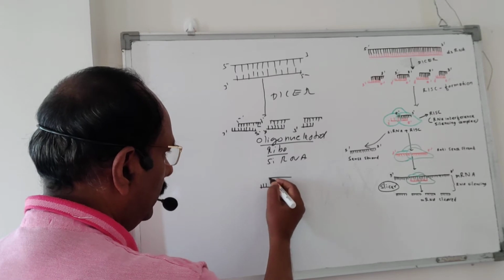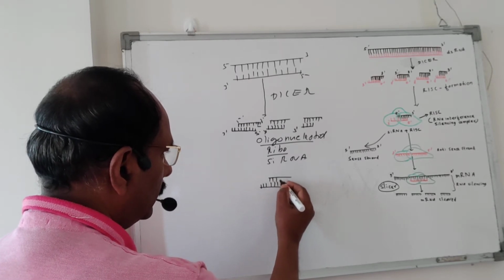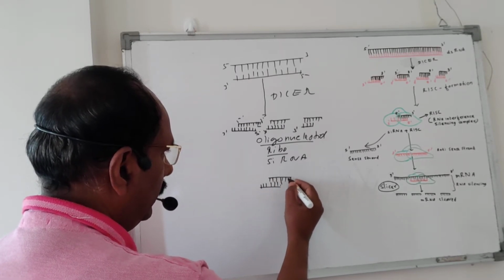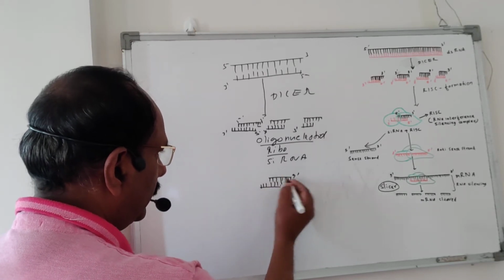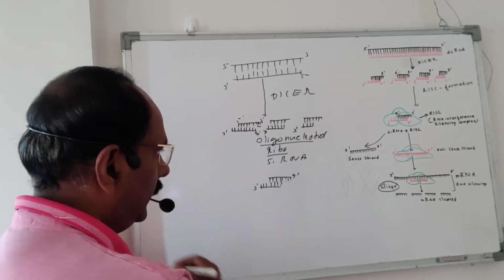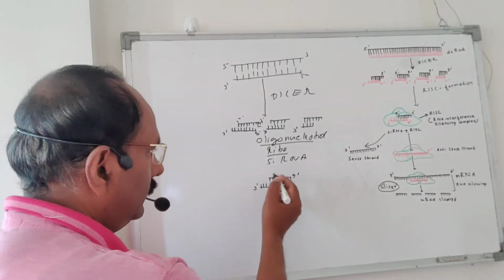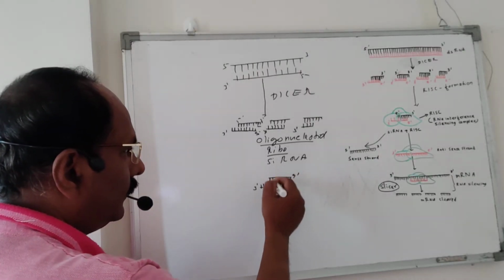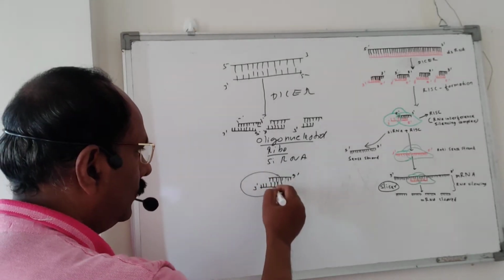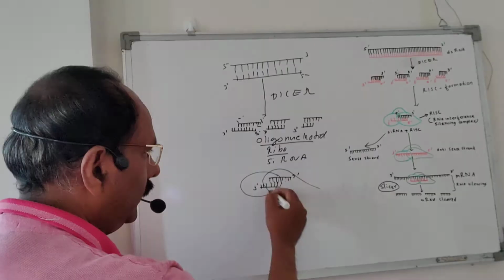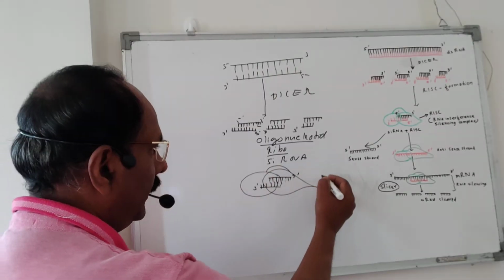This small interfering RNA has 22 base pairs and an overhang end at the 3', with 2 unpaired nucleotides. So this oligonucleotide, the small interfering RNA, binds with a particular multi-protein complex. This multi-protein complex is known as the RISC.